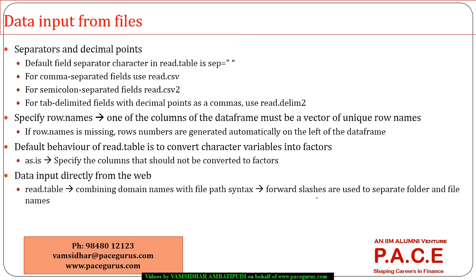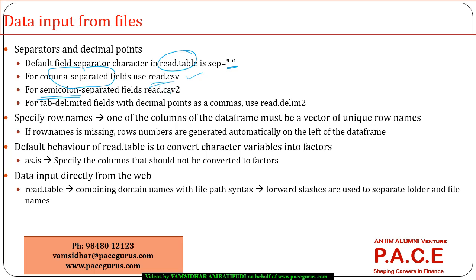Then, talking about different kinds of separators. In the case of read.table, the default separator is a space. So wherever it finds a space, it will take it as a new column, a new variable. But if you have comma separated fields, compared to using read.table, I suggest that you should use read.csv.